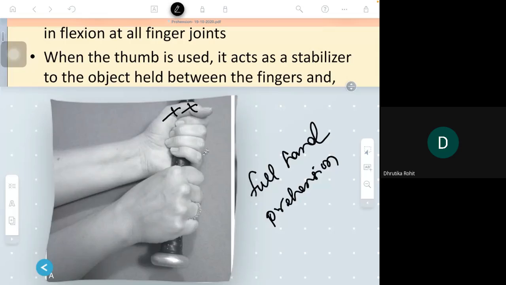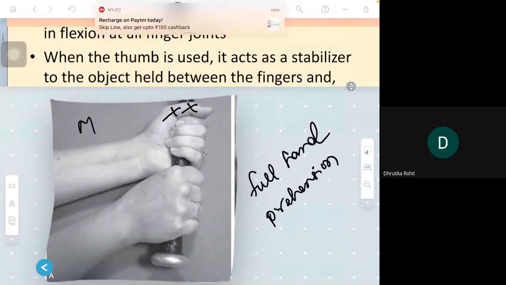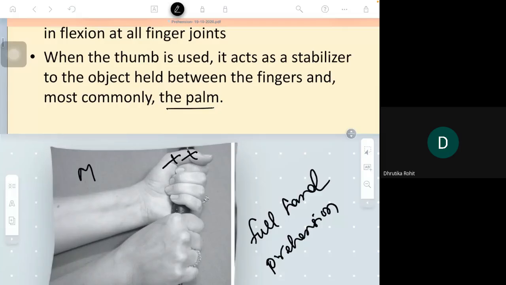So you may or may not use the thumb in power grip, but if you use the thumb, it helps to stabilize the object.